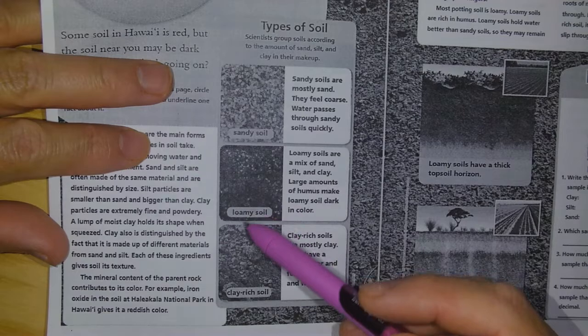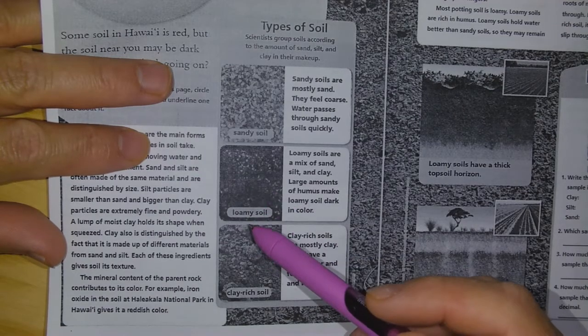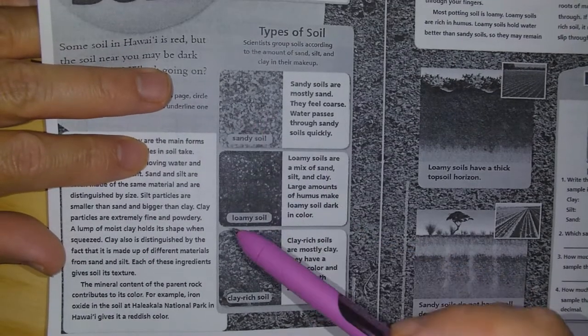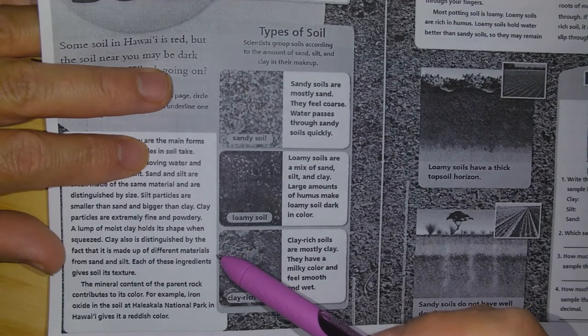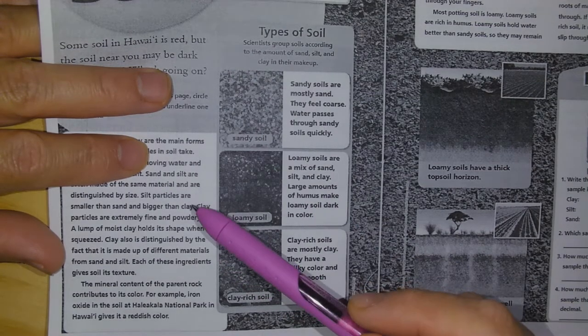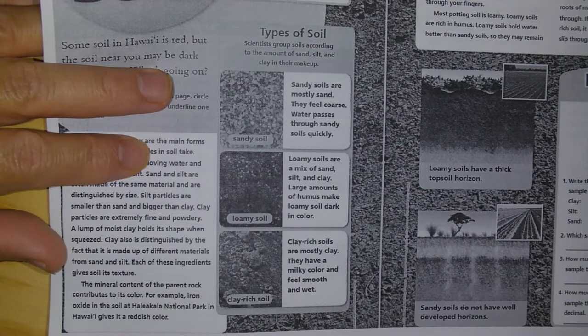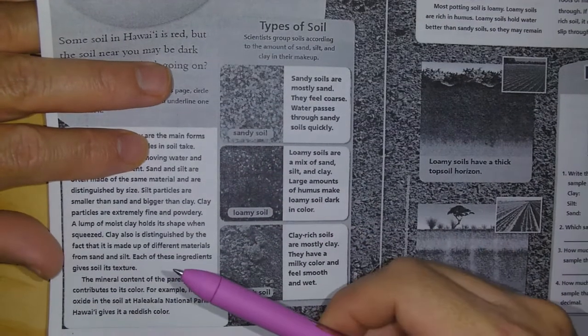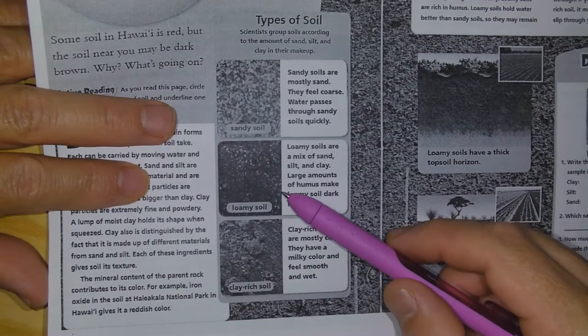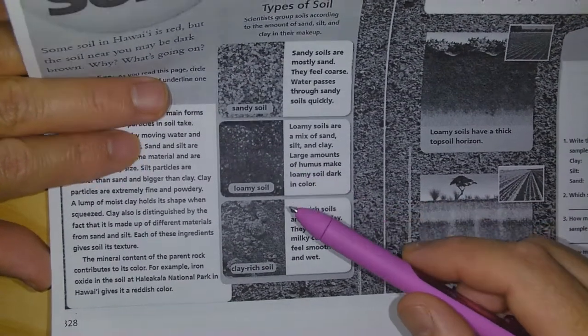Farmers on the farm cannot have sandy soil. Not going to grow anything. Some plants can grow, but no. You need loamy soil on the farm.